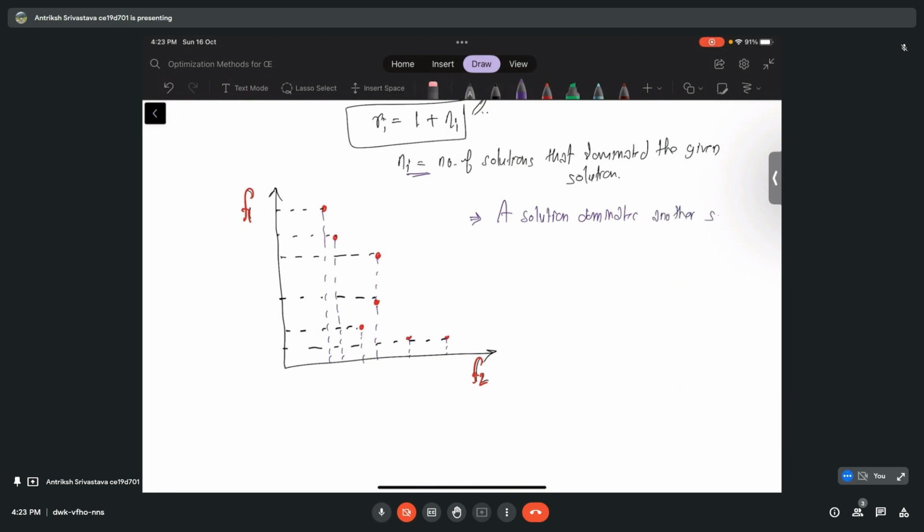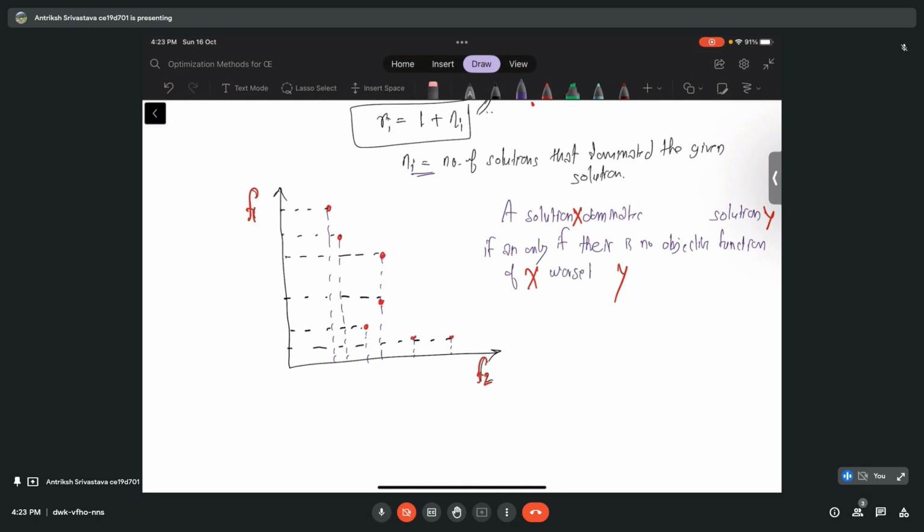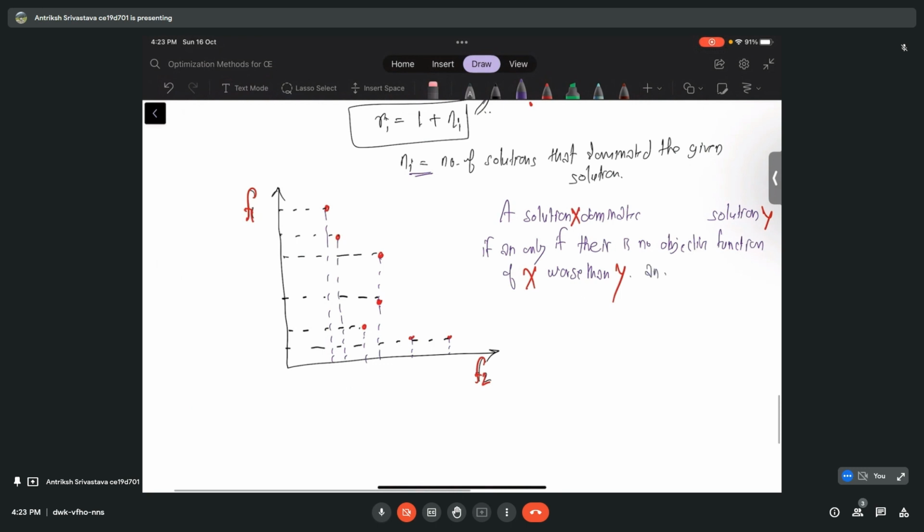A solution X dominates solution Y if there is no objective function of X worse than Y, and at least one objective of X is better than Y. So this kind of question can come into the exam, so be very clear about this.